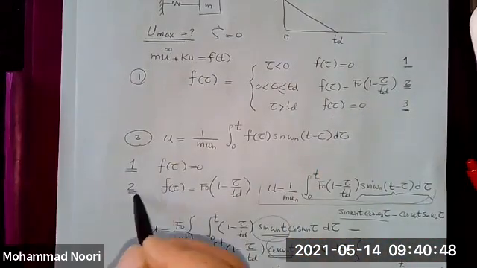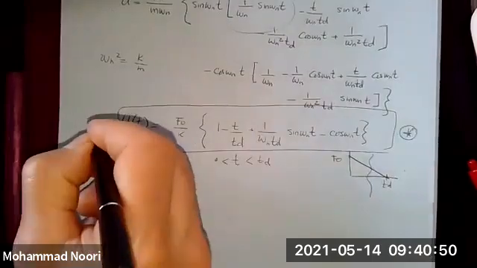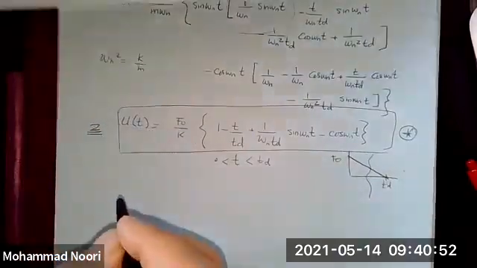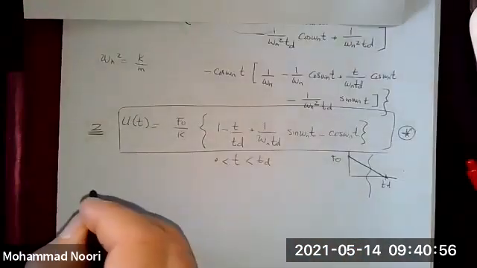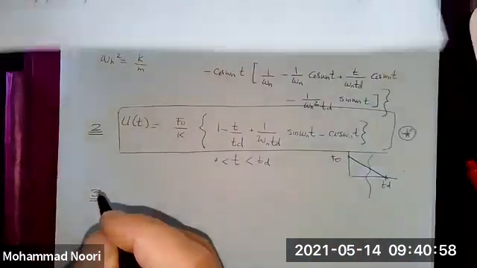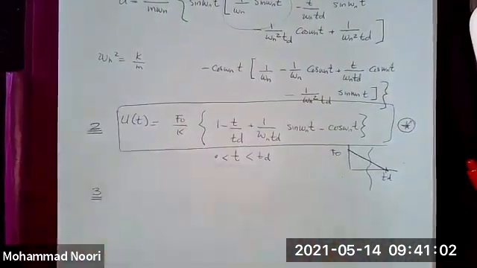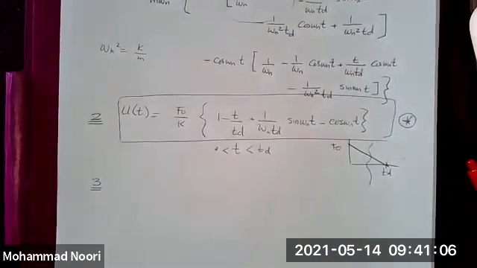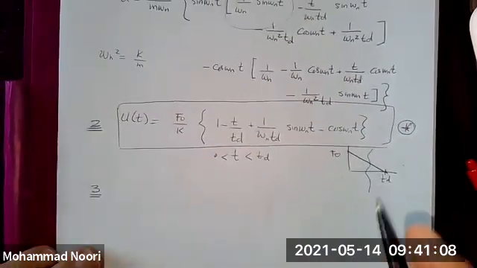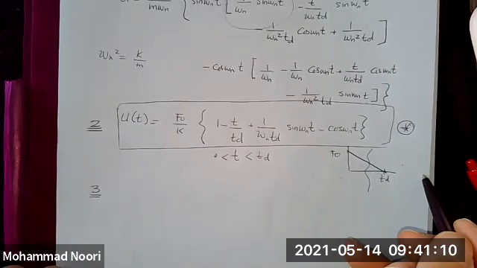So this was for case 2. Now, for case 3, how do I find the response? The obvious approach would be to apply the Duhamel integral to all these regions.